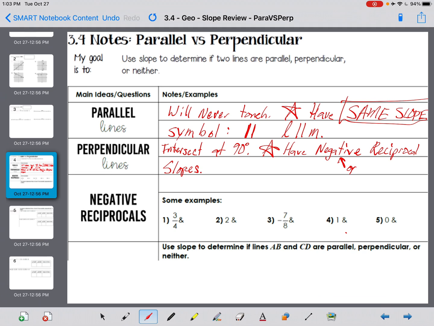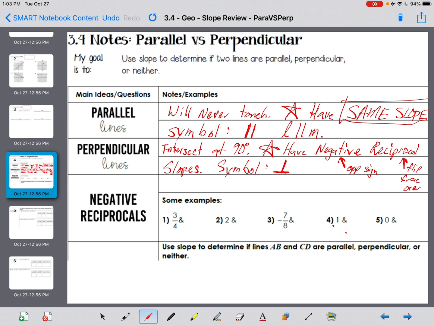Okay, by negative we mean opposite sign, and by reciprocal we mean flip the fraction over. That's what we mean by negative reciprocals. The symbol looks like an upside down capital T or a set of intersecting perpendicular lines.